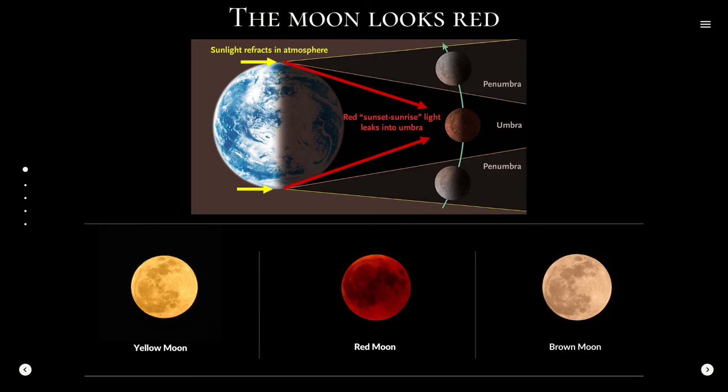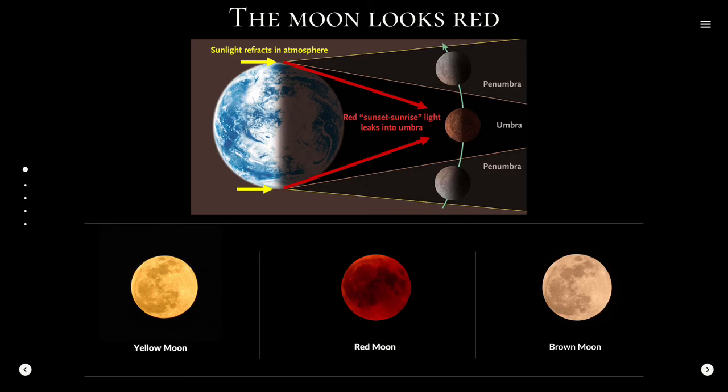When sunlight passes through the Earth's atmosphere, it gets refracted towards the Earth's surface, and part of it, the colors with shorter wavelengths, gets scattered and filtered out, while the rest, colors with longer wavelengths like orange and red, pass through the atmosphere. This light is once again refracted towards the surface of the fully eclipsed Moon, thus illuminating it in a reddish-orange glow. Because of this, a total lunar eclipse is sometimes colloquially called a blood moon.